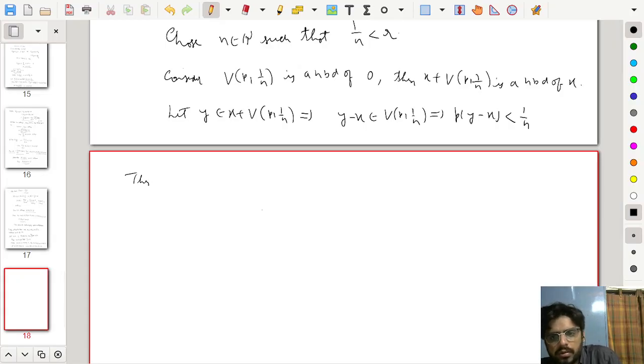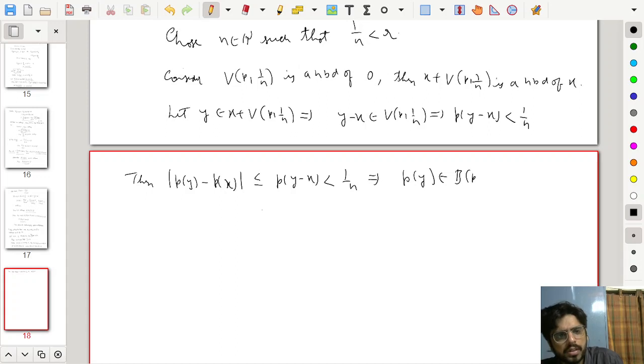Then mod of p of y minus p of x is less than or equal to p of y minus x, which is strictly less than 1 by n, which implies p of y belongs to the ball of p of x comma r, right, since 1 by n is chosen such that it is strictly less than r. So p of y belongs to the ball of p of x comma r.